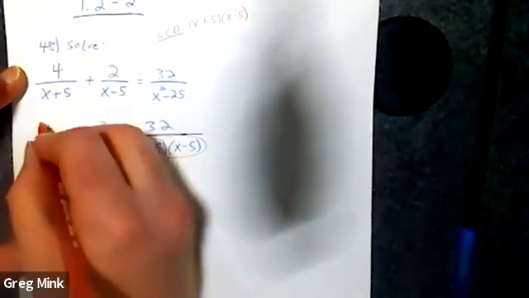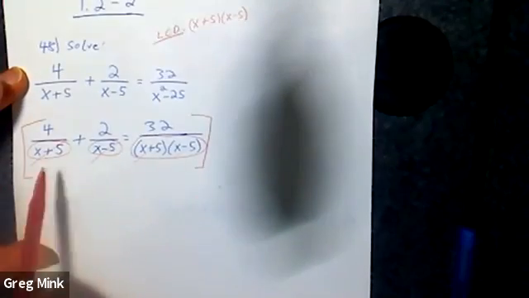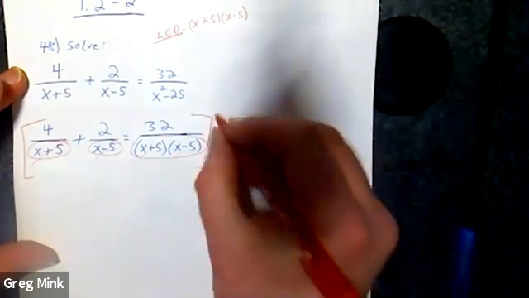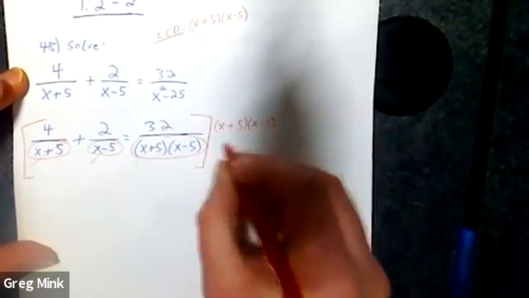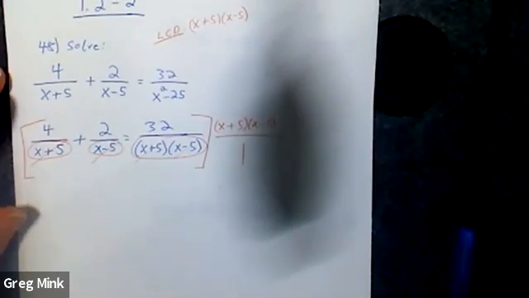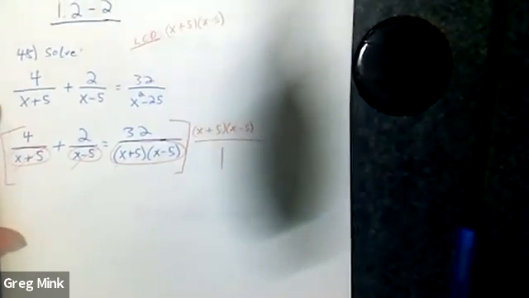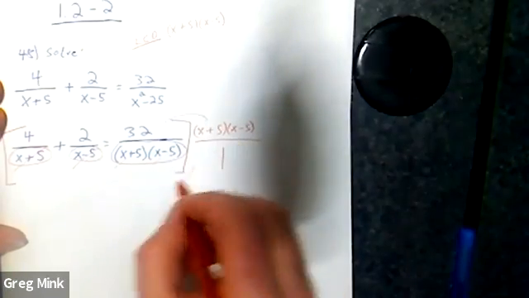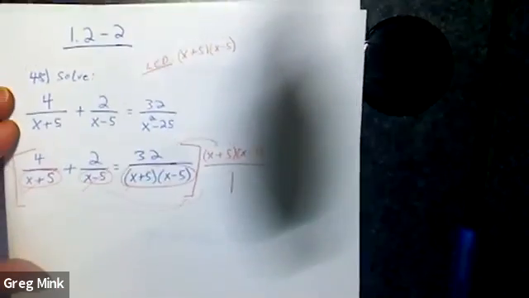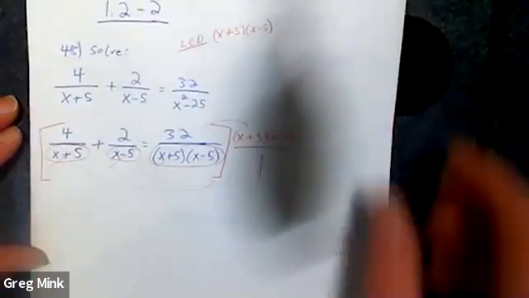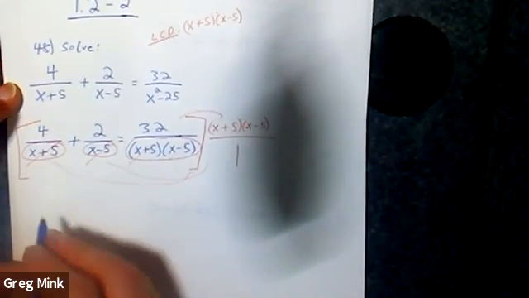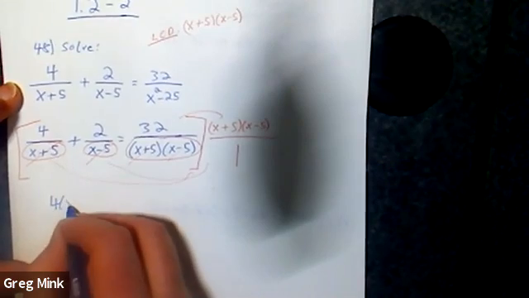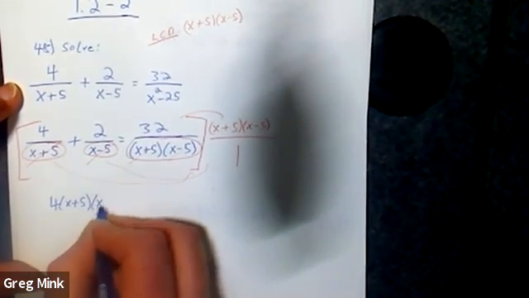If you remember, the strategy is we're going to multiply both sides. This is how I'm going to indicate that since I'm a little low on room, by that LCD, x plus 5, x minus 5. And once again, I like to write it over 1. And remember, I'm going to have to distribute that to each term in here. So when I do that, and you can skip some of the steps as you get a little quicker, but I'm going to write them all out right now. 4 times x plus 5, x minus 5.